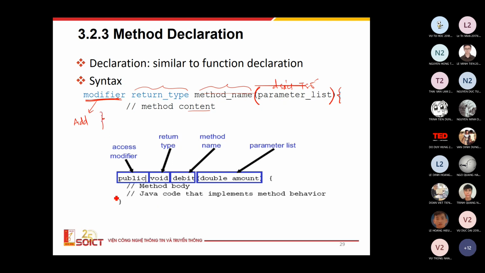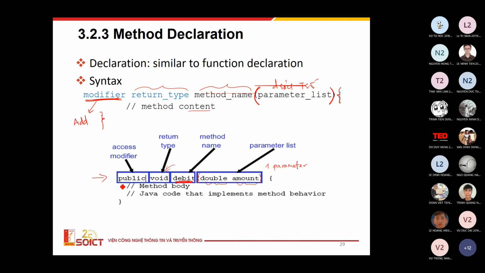And this is one example when you declare a method named debit, having one parameter named amount of the double type. This is just one parameter. And for the return type, it doesn't have a return type.